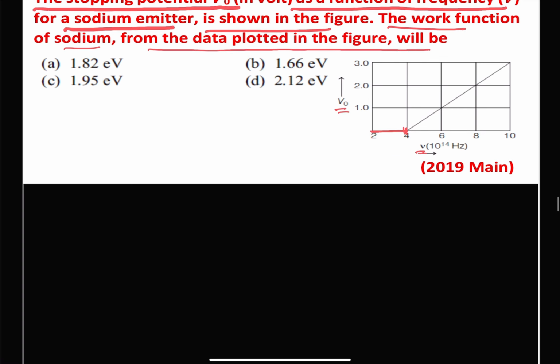It starts to increase only when our frequency is at 4. So we can just use the standard formula, and that standard formula is h times nu is equal to our work function plus E times our stopping potential, that is V naught.